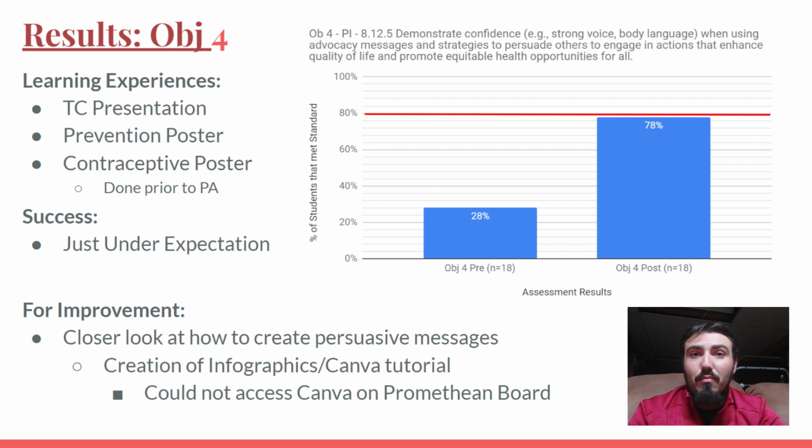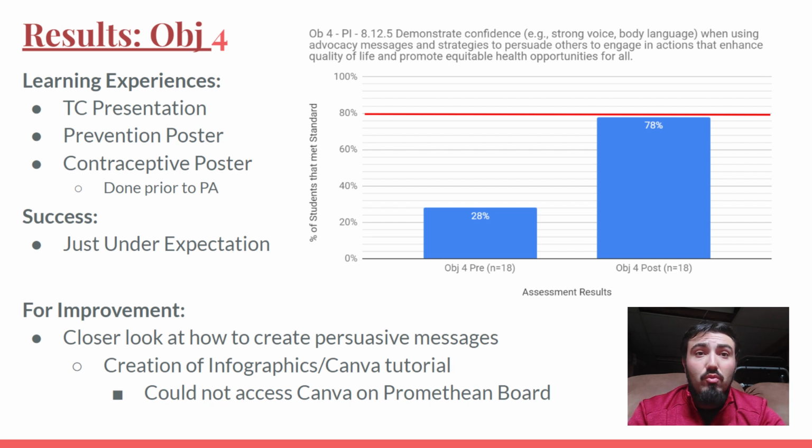Students had some practice presenting while providing health information prior to their PA. Students had to research and present a birth control method to the class as a whole, but this wasn't specifically part of this unit, but it was done prior to the PA, and it certainly tied into this specific objective.